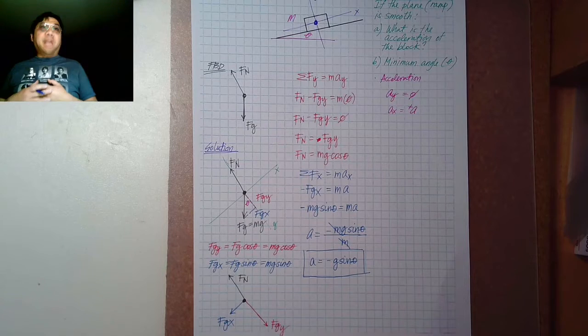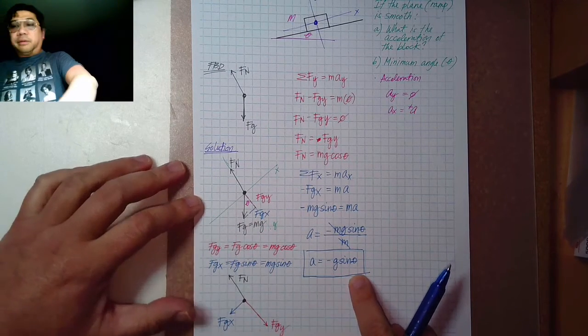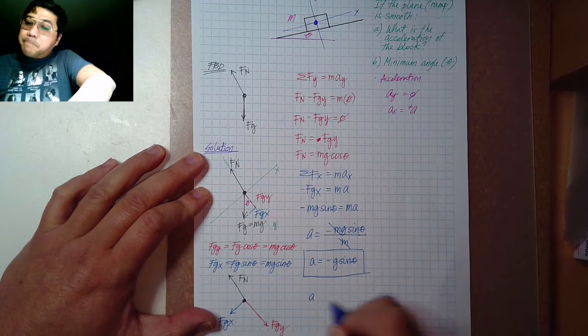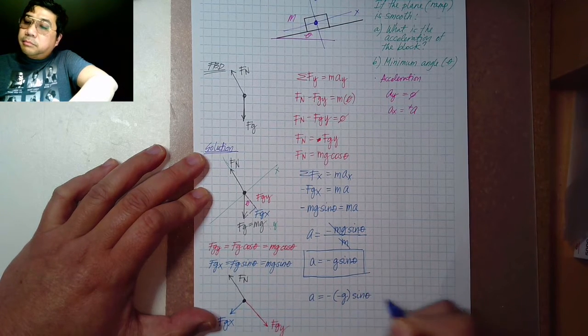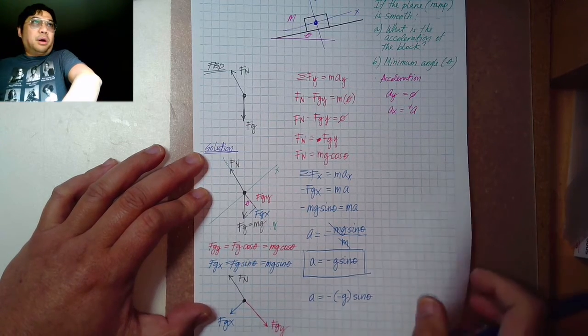Now, to be exact, if we notice that g along the surface is always negative because of the direction, we can actually put negative multiplied by negative g sine theta, because the direction is always towards the center of gravity.